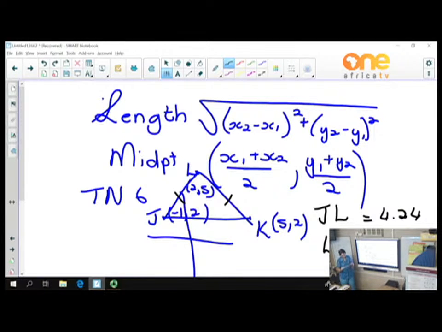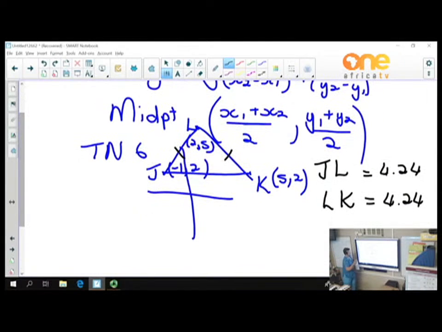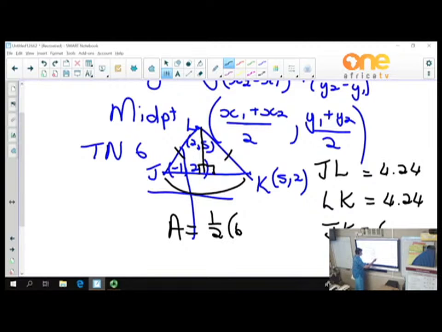The next one is now find the area of the triangle. Now to get this area, again the sketch helps you a lot. We can see that there's the perpendicular height. So it is half base times height. So I actually need this length as well, the base, because you don't have the base now, JK. What was JK? 6. So we need that one as well. So area is half base times height, so it's half of the base of 6.